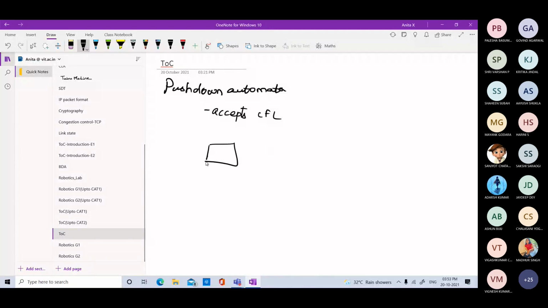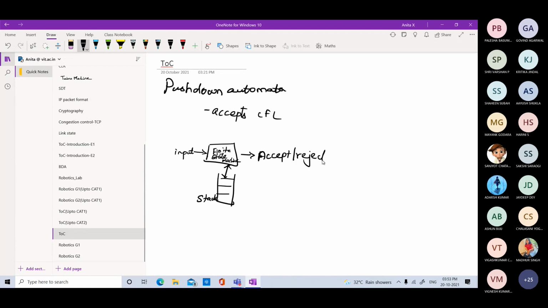So this is your finite state machine, that is the finite control. We give the input to the finite control. This finite control will be making use of the stack, and then it will say whether the given language is accepted or rejected.